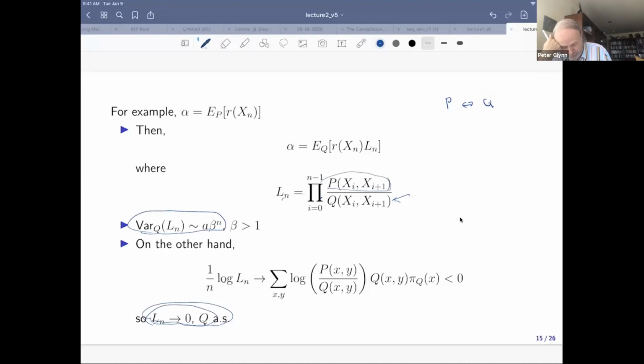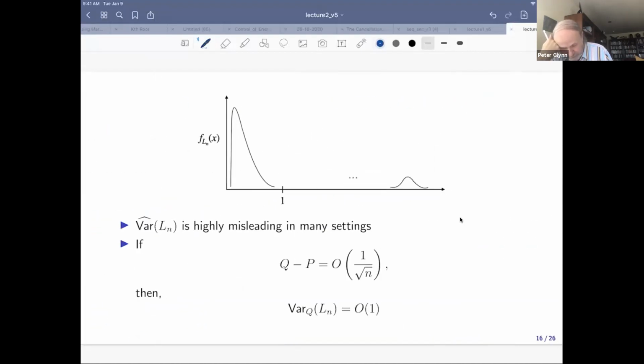So that's a bit of a strange dichotomy there. But of course, that's consistent with the following type of situation, that if you look at the density function associated with this likelihood ratio, when n is large, it's accumulating a lot of mass near 0.